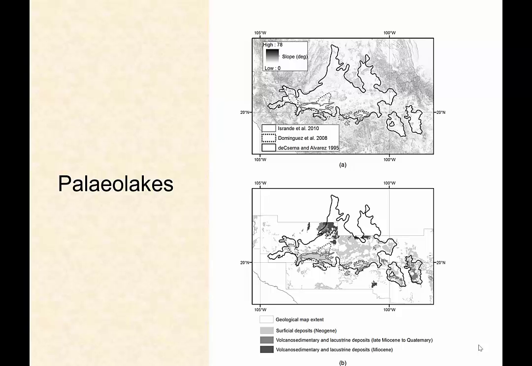But if we map the flat areas, so this is the slope, we can see that the estimate of the paleo lake extent matches very well with the flat areas of the map. And maybe that's just the criteria that was used to draw it by the water engineer, de Cerna.